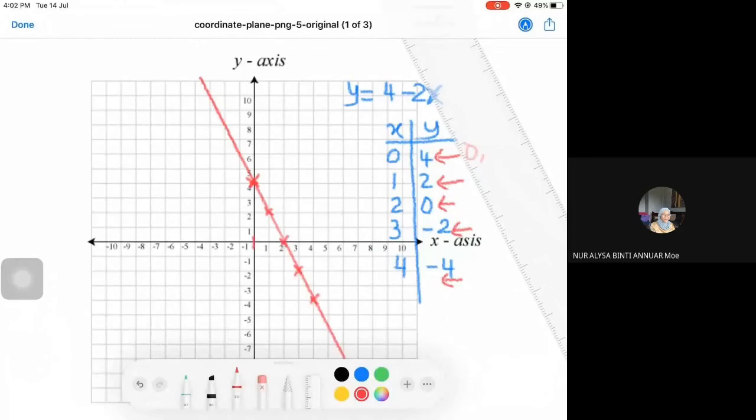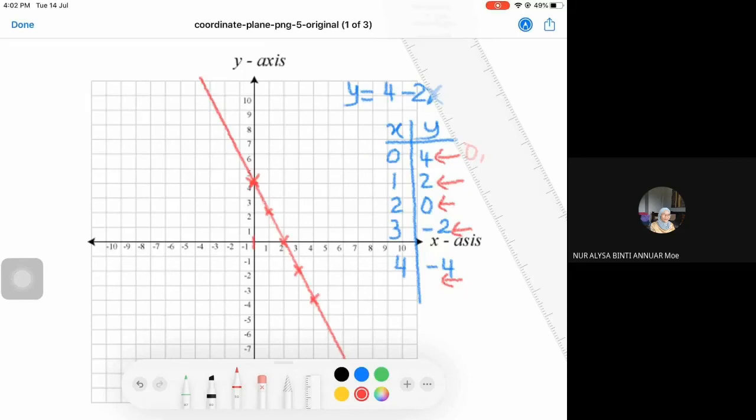Alright, so when we have a graph, we can get the solution without calculating the values of X and Y. Macam mana cara dia?